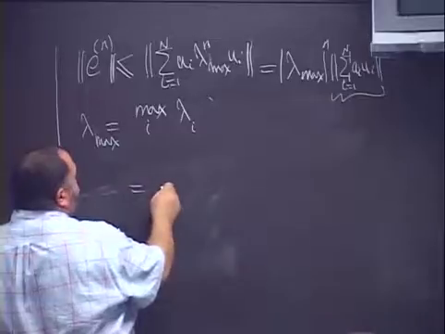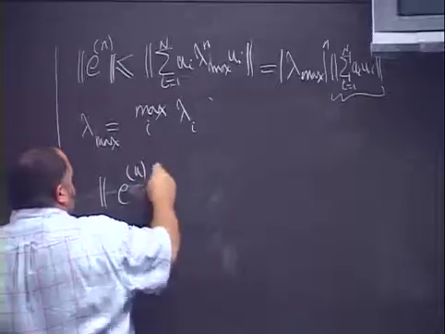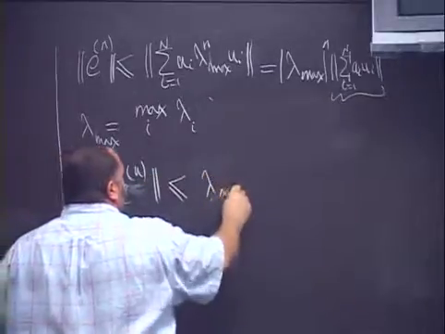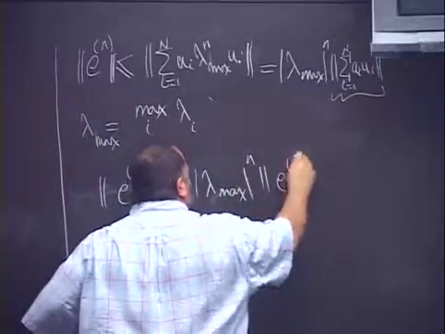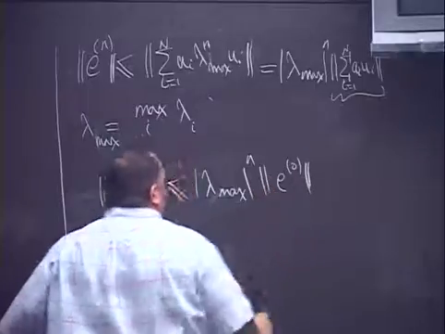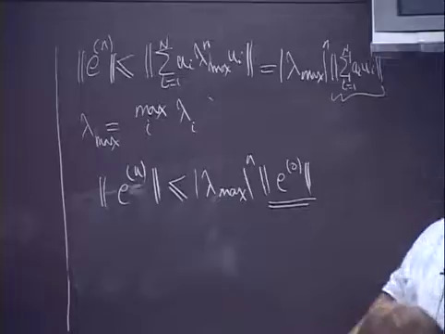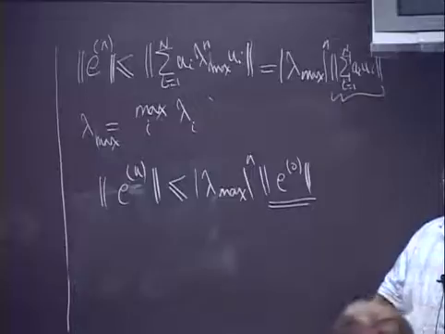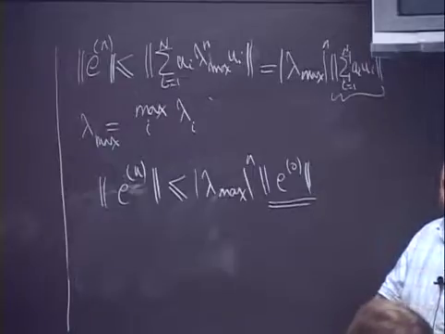So this is less than or equal to lambda maximum to the power of n times E0. This value here is a constant vector. E0 is my initial guess, so it is not a variable or anything like this.